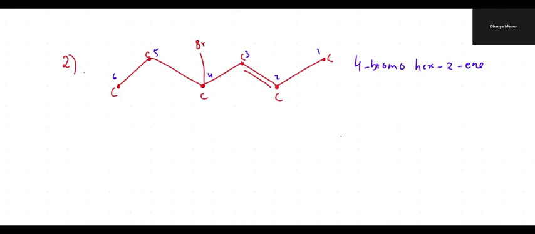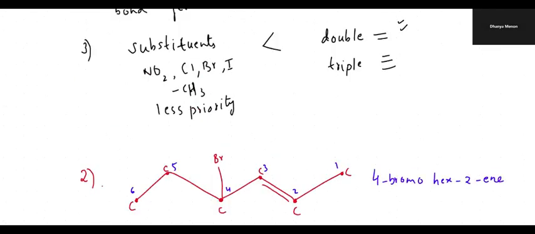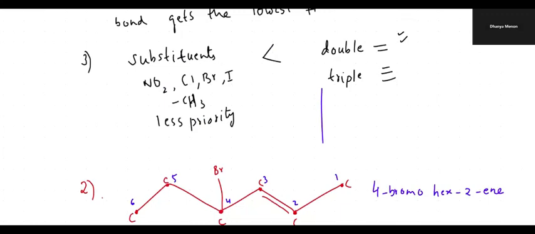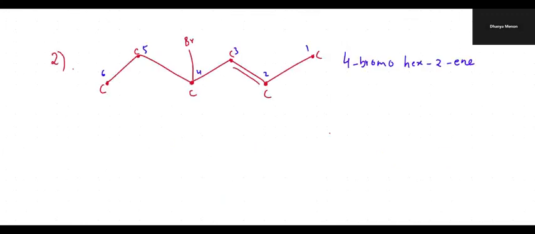Okay. So whenever there is a double bond, we use ene. Okay.